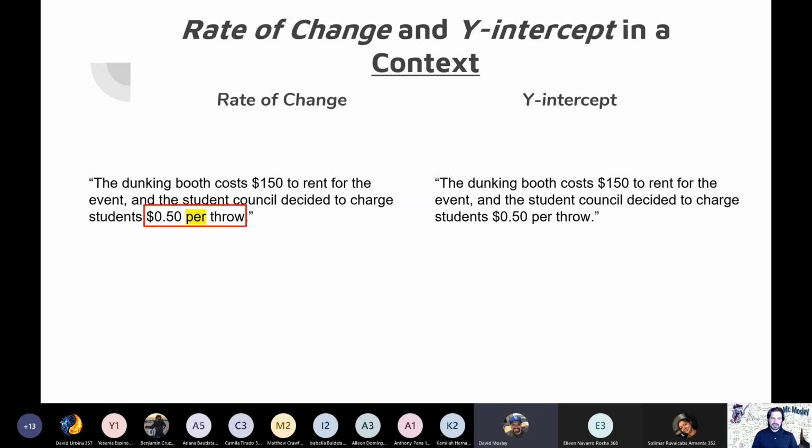And for the y-intercept, again, we have the same context. We see the y-intercept as the start value of the cost of $150 to rent for the event, right?